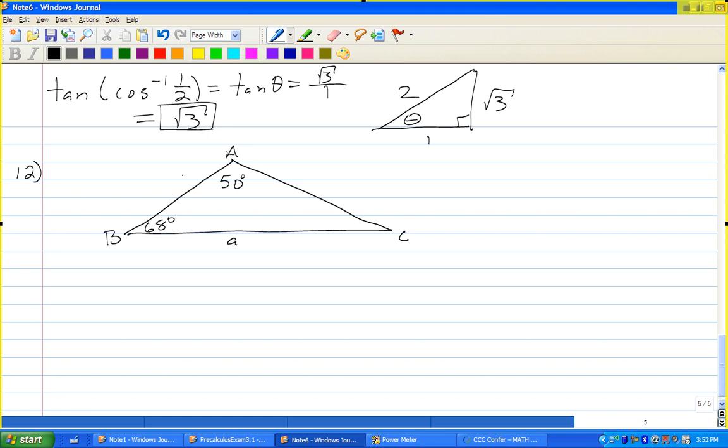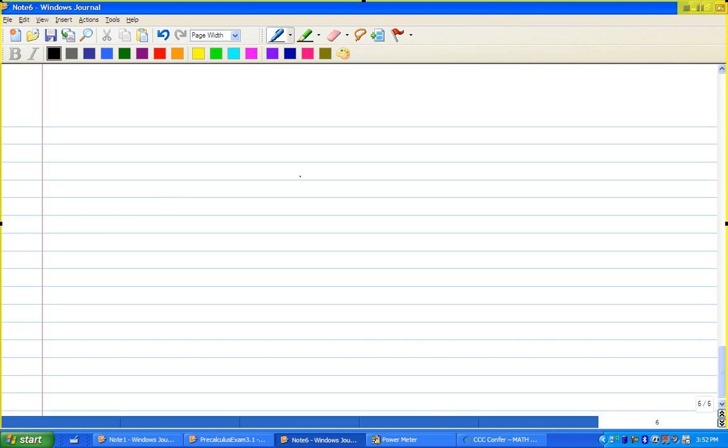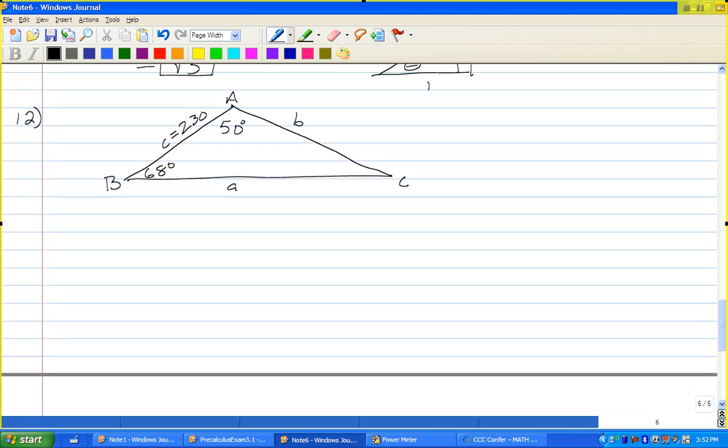And length C is 230. Okay, so let's figure out this triangle. So first off, that C looks like my other C.